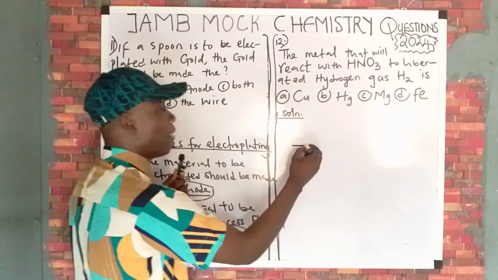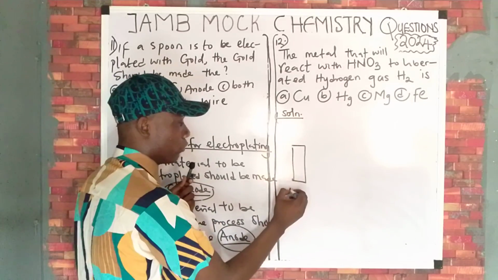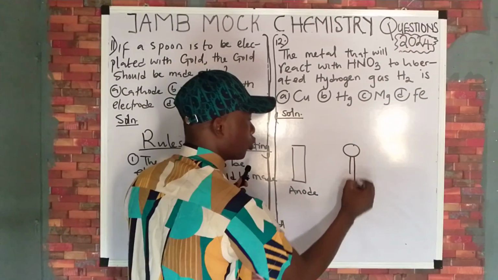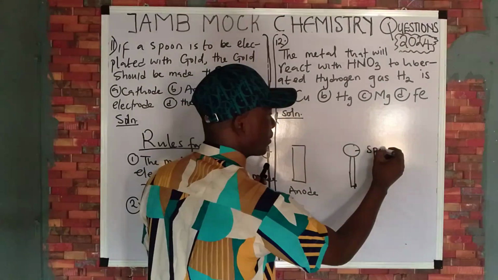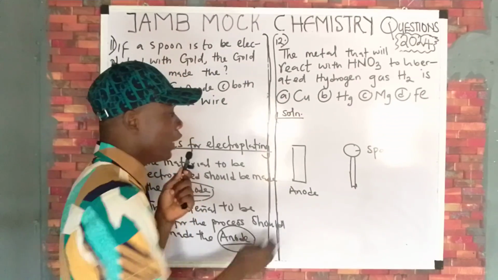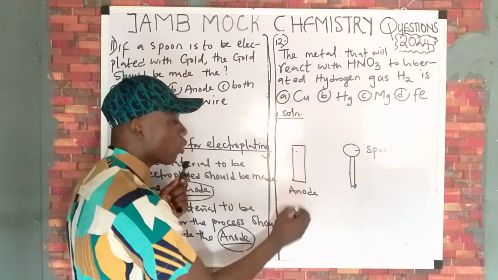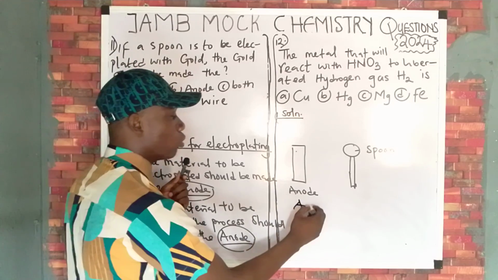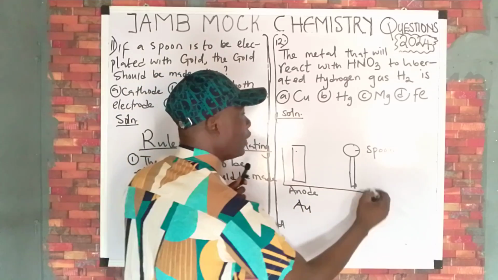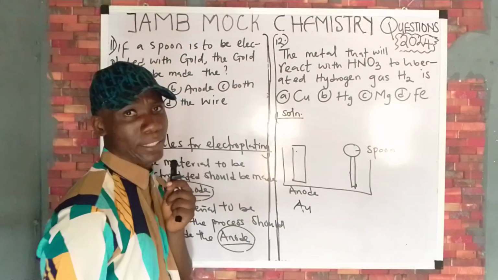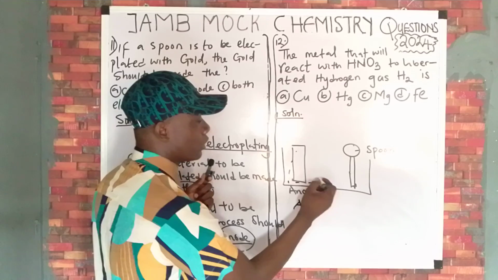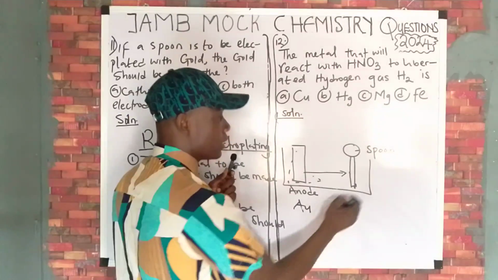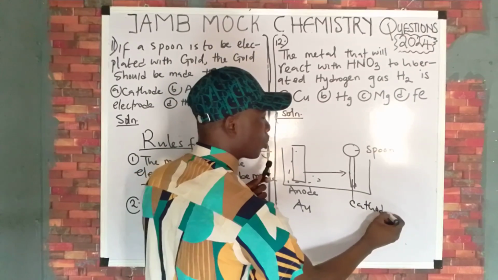For instance, if I have a rod here, let's say it is the anode, and the material to be electroplated, let's take this for a spoon. If this is the anode and this anode is made up of gold or silver, the anode is going to dissolve in the electrolyte, and by the time this anode dissolves in the electrolyte, it will migrate to where the spoon is, which is the cathode.